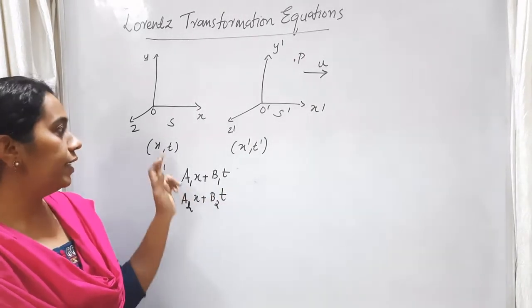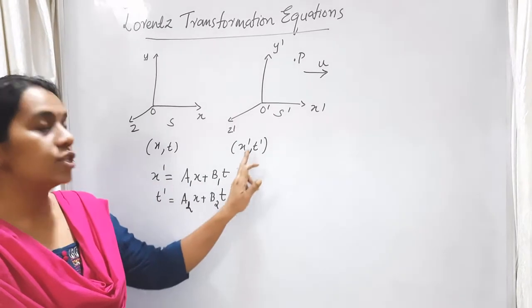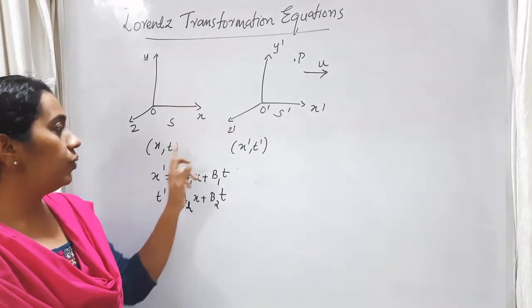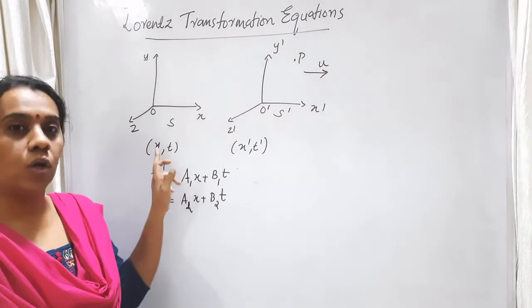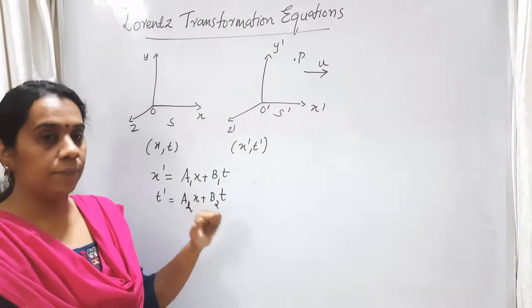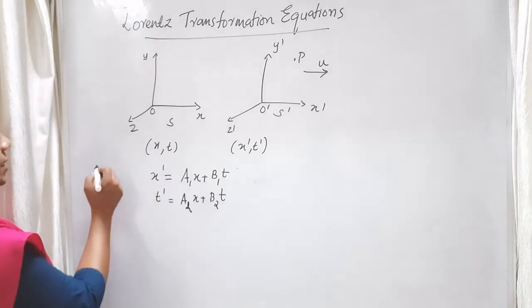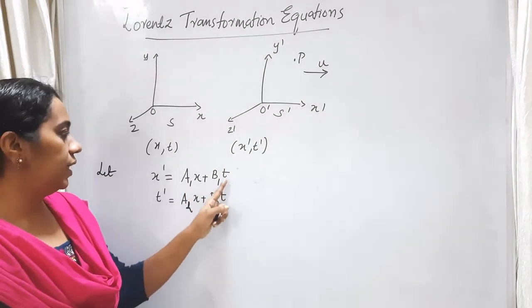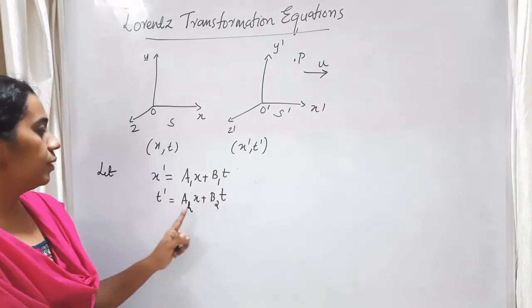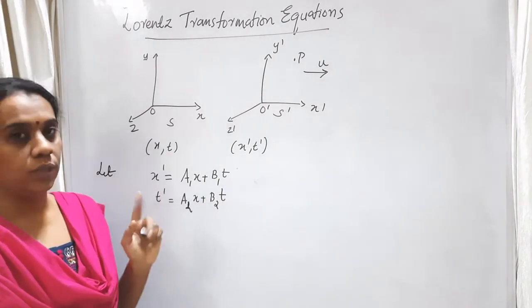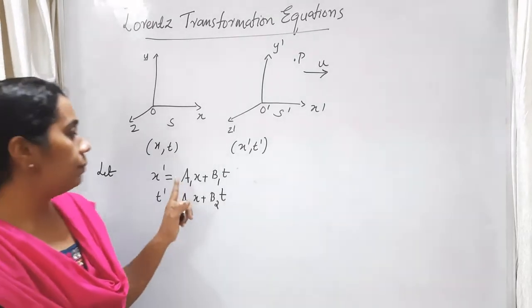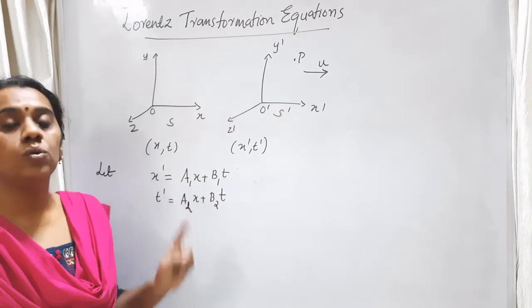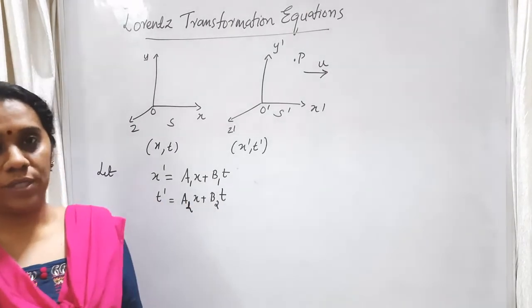So x should be a linear function of t, and similarly x dash should be a linear function of t dash. That means the transformation between these two sets of coordinates should be a linear transformation. So let us assume that x dash is equal to a1x plus b1t, and t dash is equal to a2x plus b2t. Now our aim is to evaluate these constants a1, b1, a2, b2 to get the exact transformation equations.